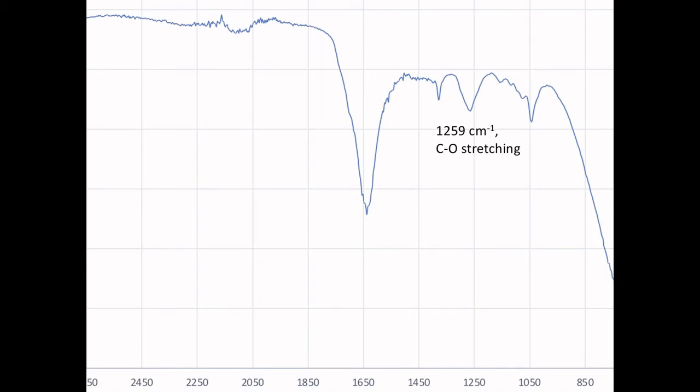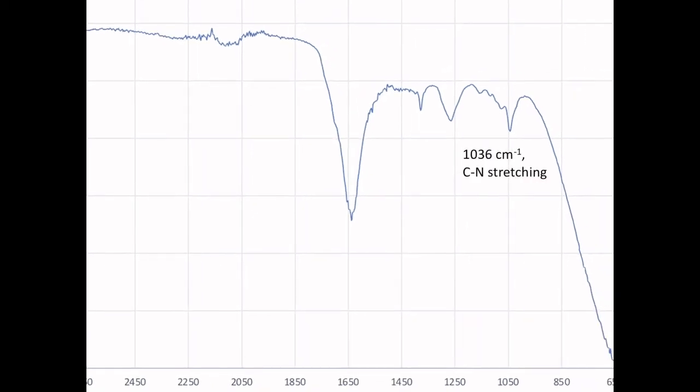The transmission measurement at this peak is also attributed to amide due to its CO stretching. Meanwhile, at this peak, the transmission measurement is attributed to aliphatic amines due to its CN stretching.